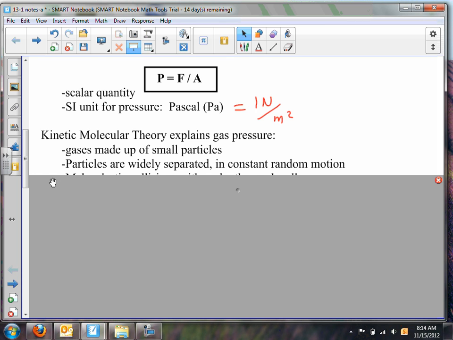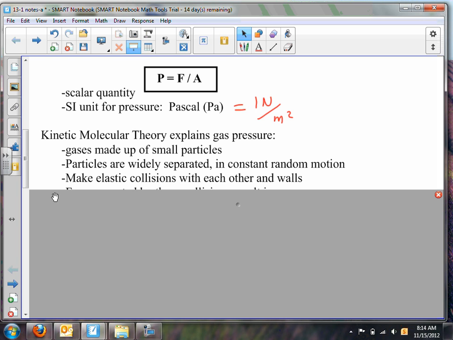Our kinetic theory from chemistry says that they make elastic collisions with each other and the walls. So they're flying around all over the place, every possible direction, so they're going to run into each other and the walls, and when they collide, they are elastic. And if you remember, elastic collisions do not lose any kinetic energy. So it hits another particle, it's going to bounce off with the same kinetic energy that it had before.